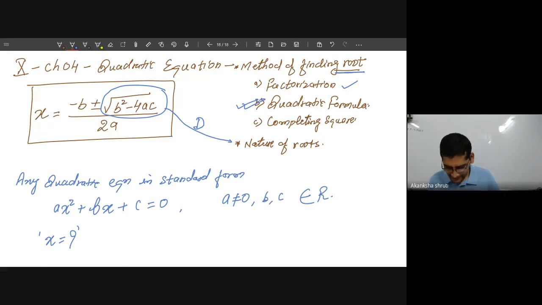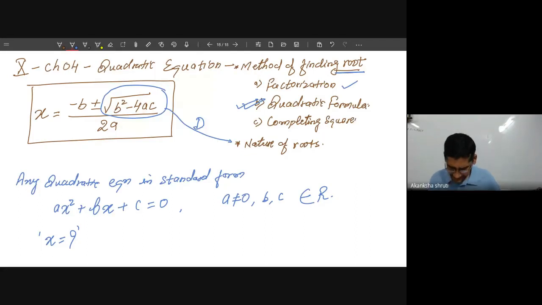The first method that we have learned was that this quadratic equation was split as the product of two linear factors. Then each factor was equated to 0 to get the value of x. Because if the product of two factors is 0, it means either of the factors can be 0, because anything multiplied by 0 gives 0. Based on that concept it was done.